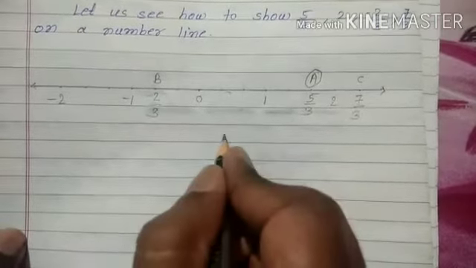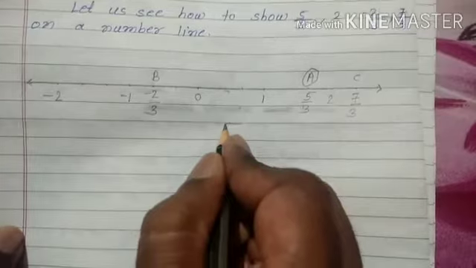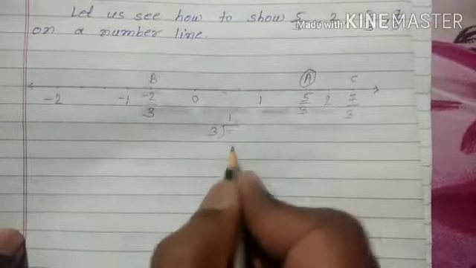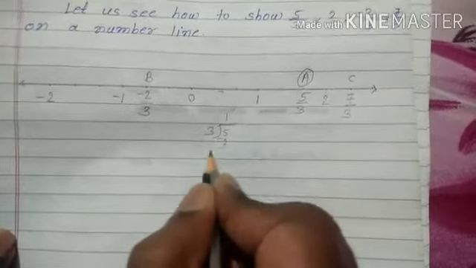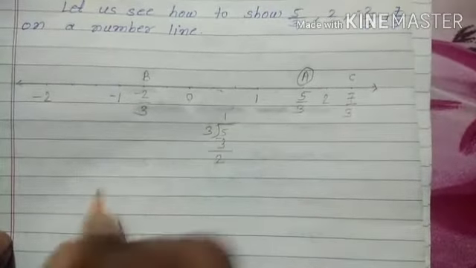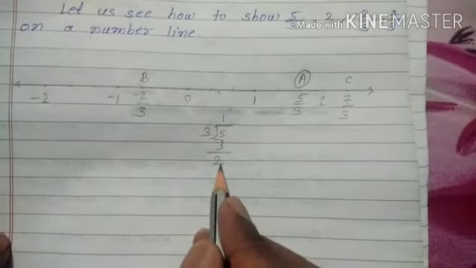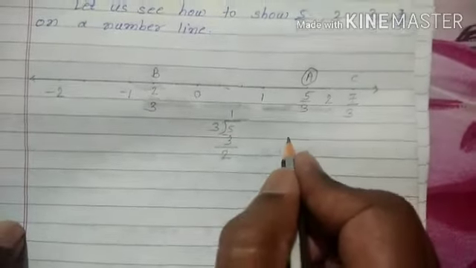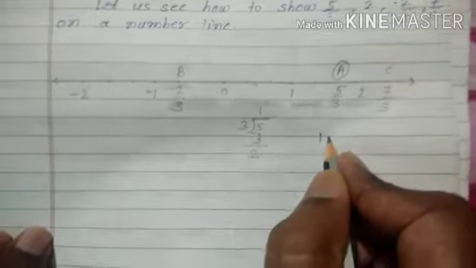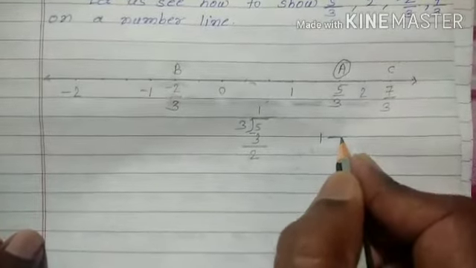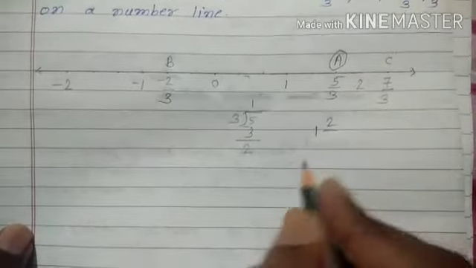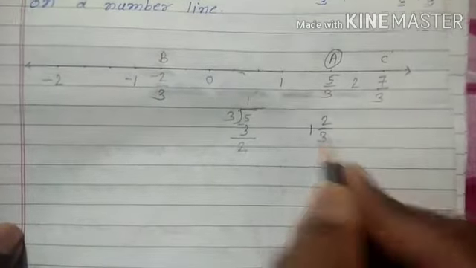If we divide 5 by 3, we get 3 1s are 3, remainder 2. So we can denote 5 upon 3 in this way: 1, remainder is 2 upon 3.